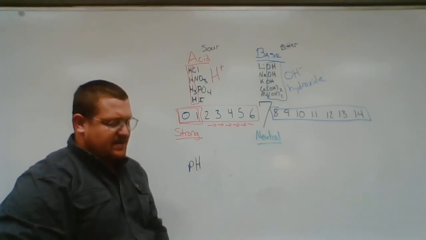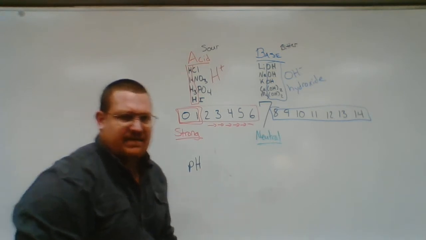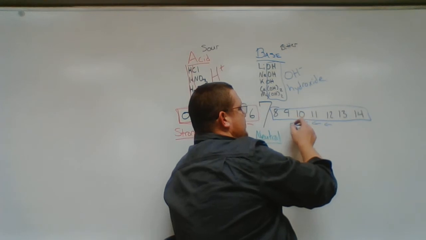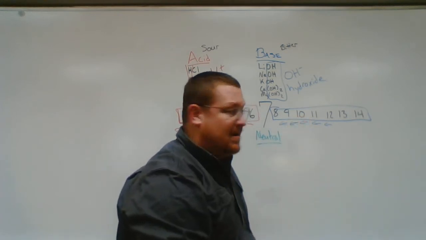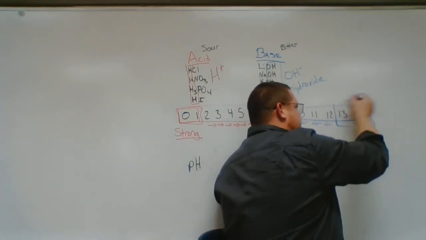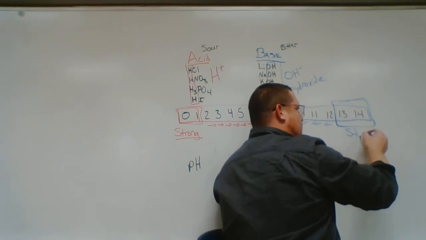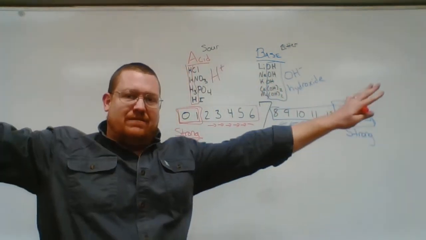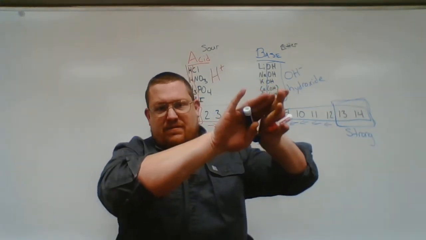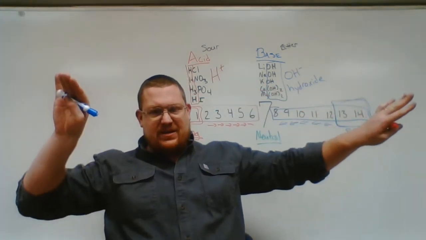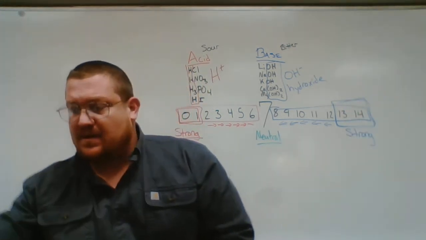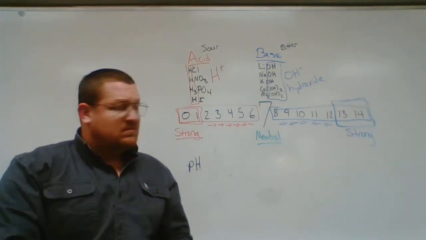And on the other side, the numbers closer to 7, down here, is where our weak bases are. Out here is where our strong bases are. So the further away from being neutral, the stronger we are, whether we're talking about acids or bases.